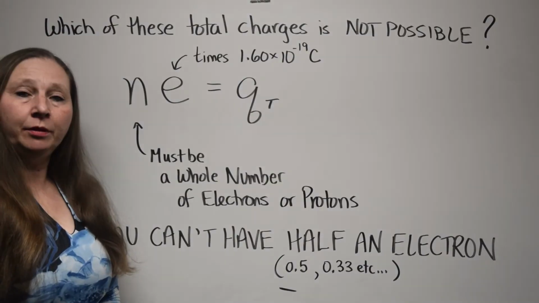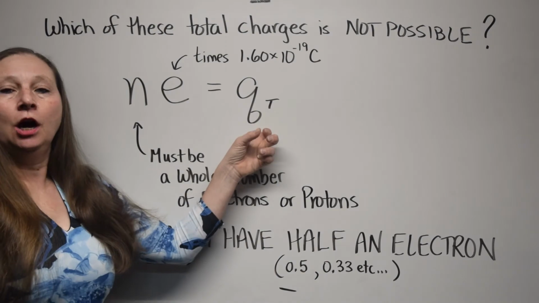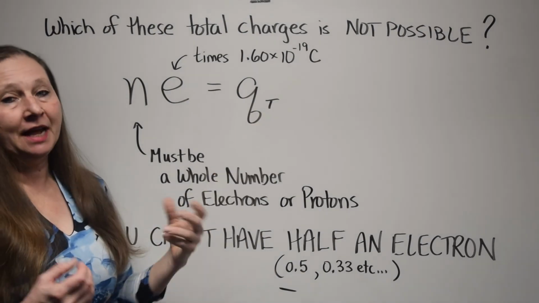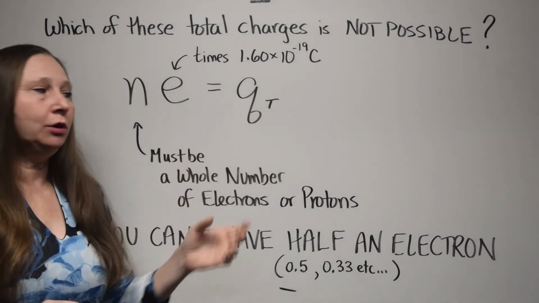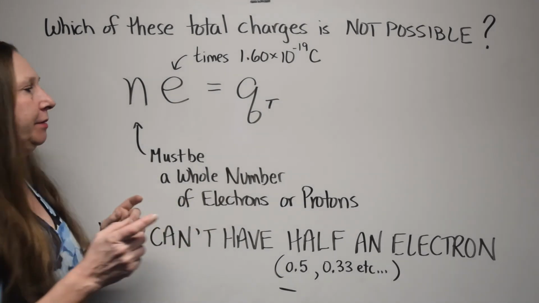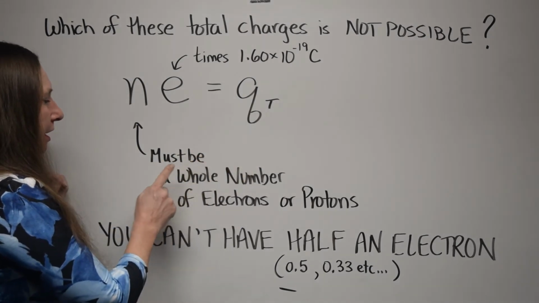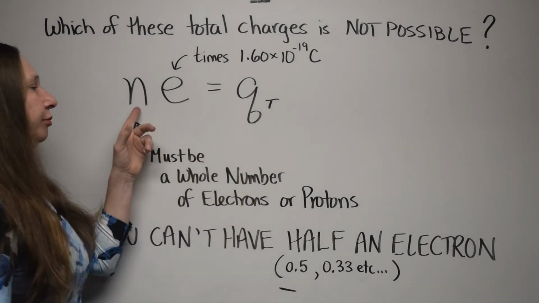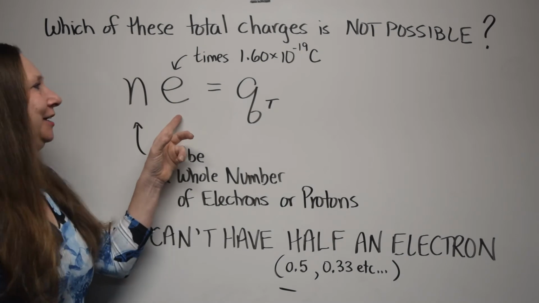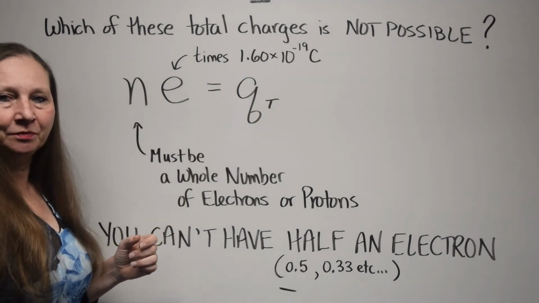Okay? Problems will come up where you're given a total charge and asked, is this total charge even possible? Well, keep in mind that every total charge must be a whole number of electrons or protons multiplied by 1.6 times 10 to the negative 19 coulombs.